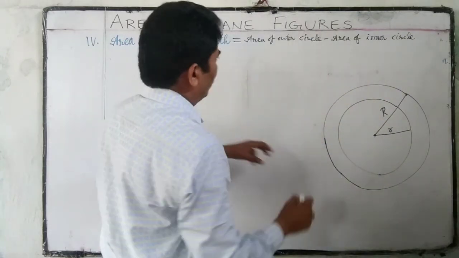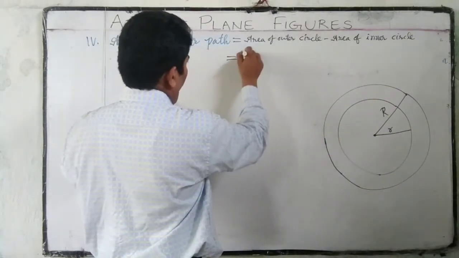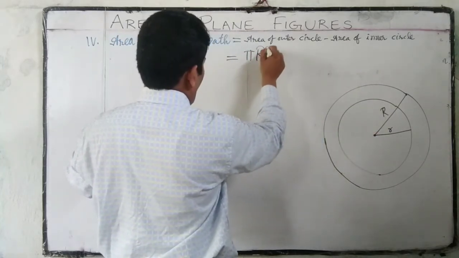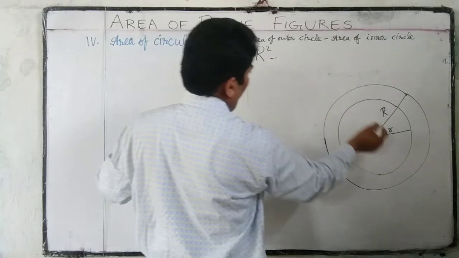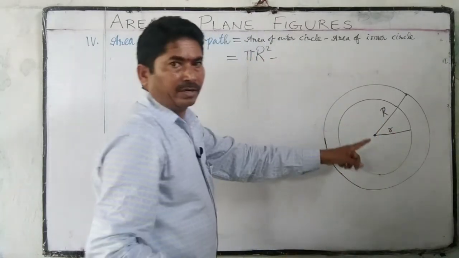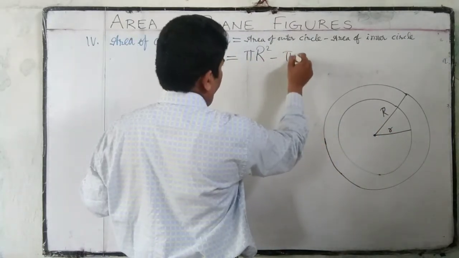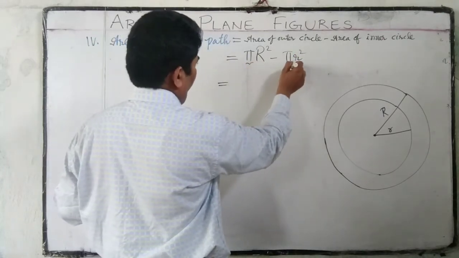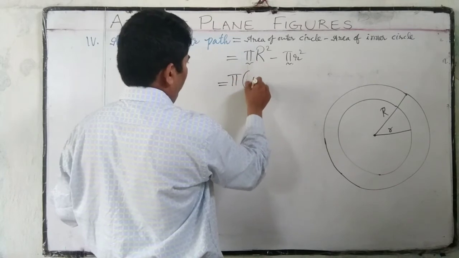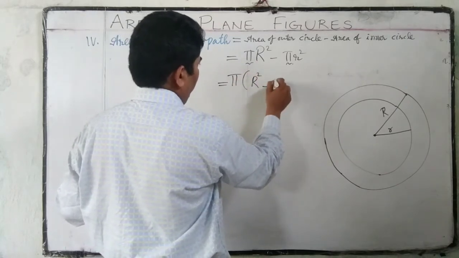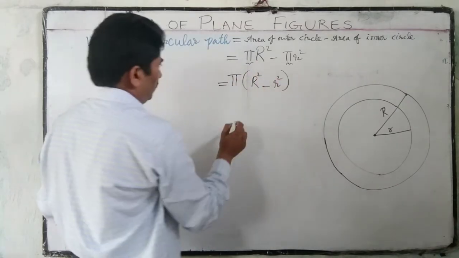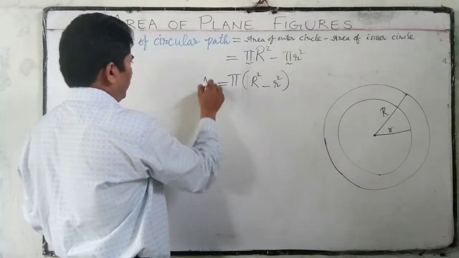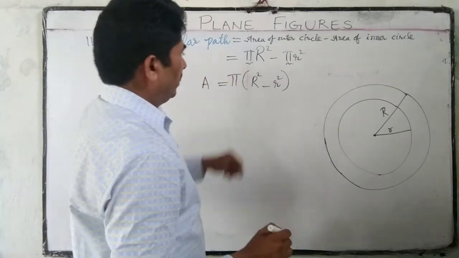We know the formula: area of outer circle is pi capital R square, minus area of inner circle, pi small r square. If we take pi as common, pi into capital R square minus small r square. So this is the formula to find area of a circular path.